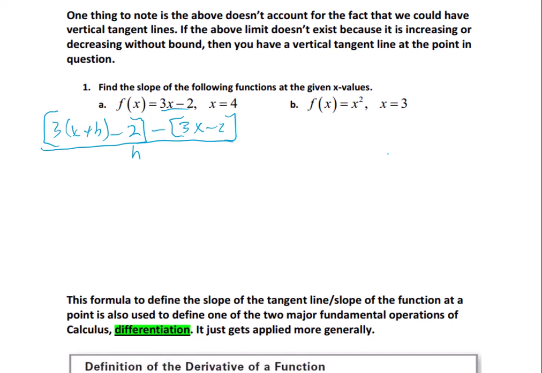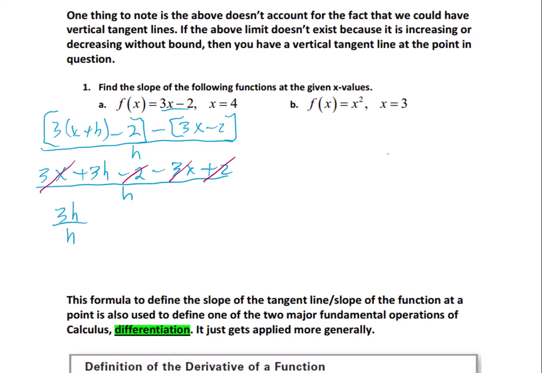Okay, I'll multiply, so I've got 3x plus 3h minus 2 minus 3x plus 2, all that over h. I'll see if I can cancel out some things here. So my 3x's cancel. Negative 2, positive 2, which leaves me with 3h over h.